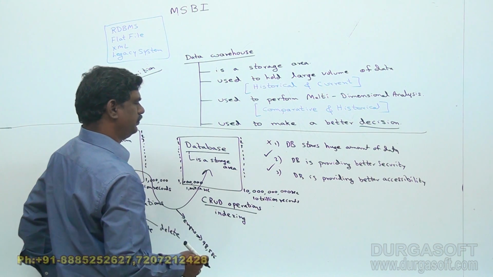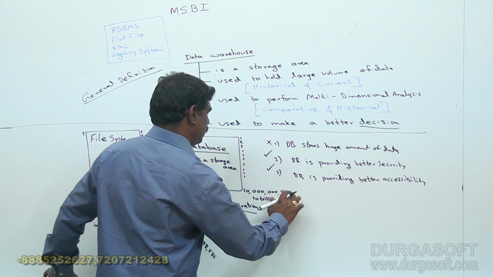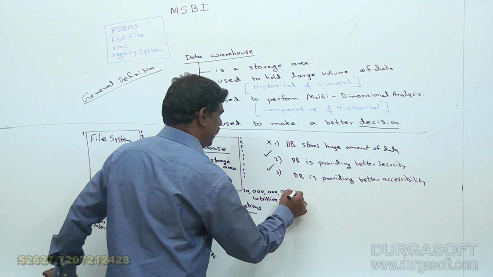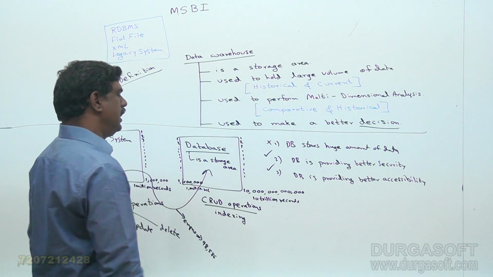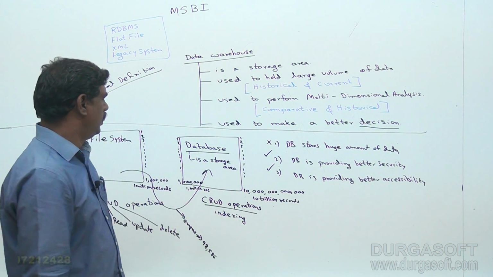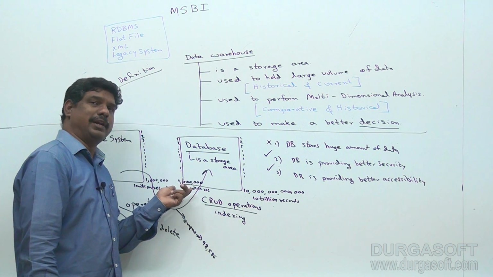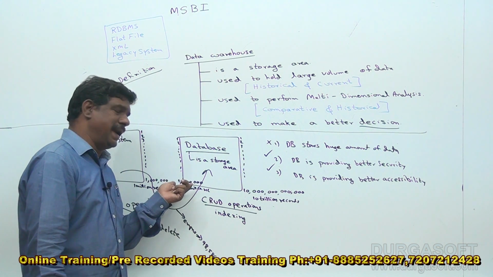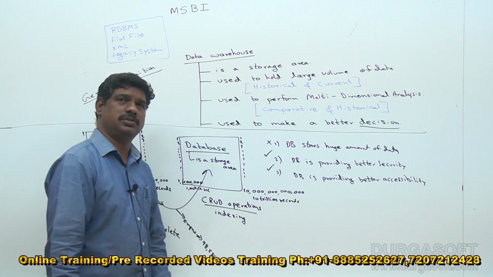So it is like millions, billions, thousands and hundreds. So like 10 trillion records are there. Now what is the performance with 1 million records? Can you expect the same performance with 10 trillion records?